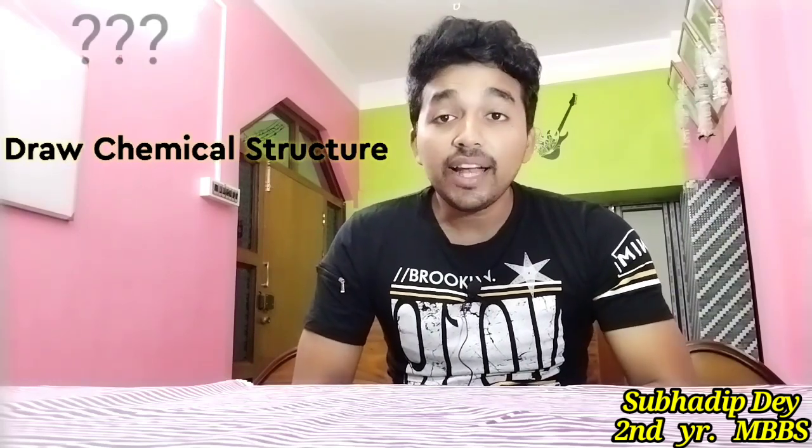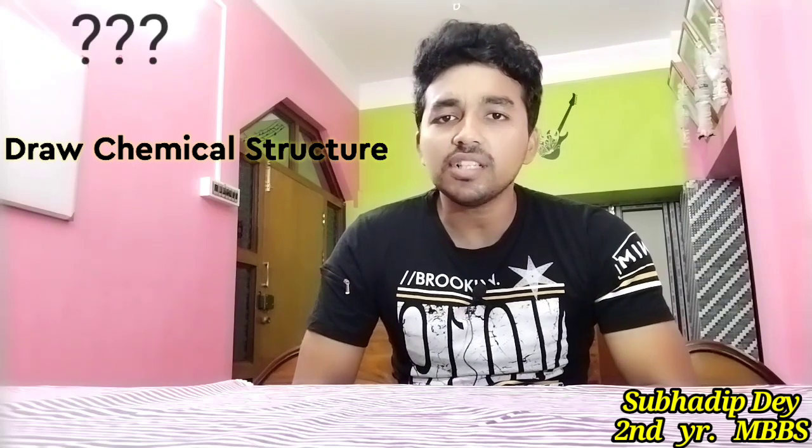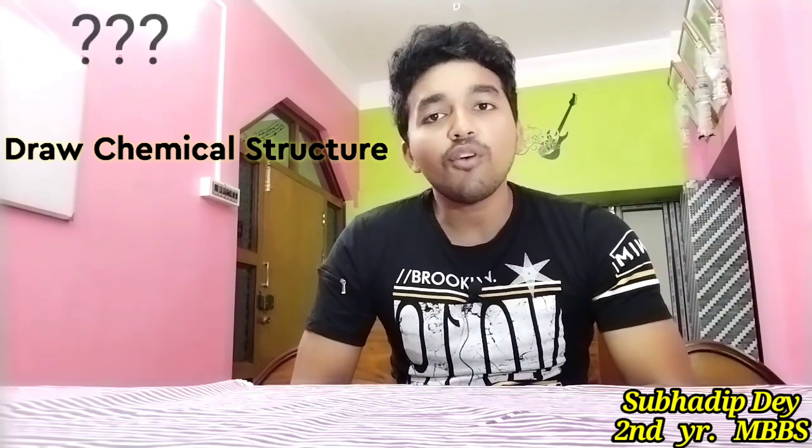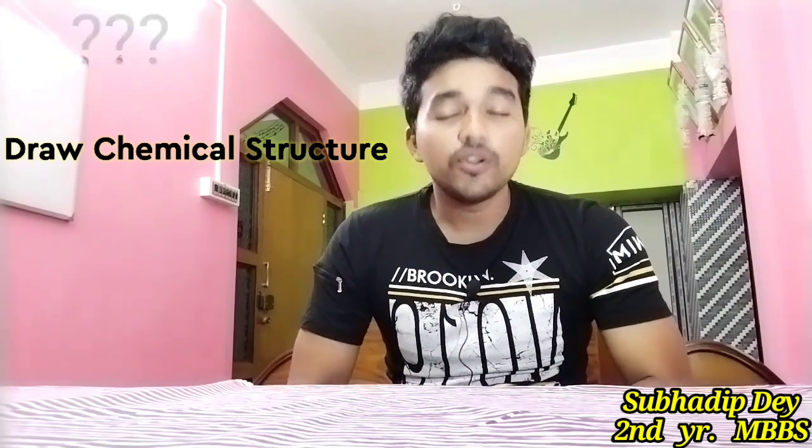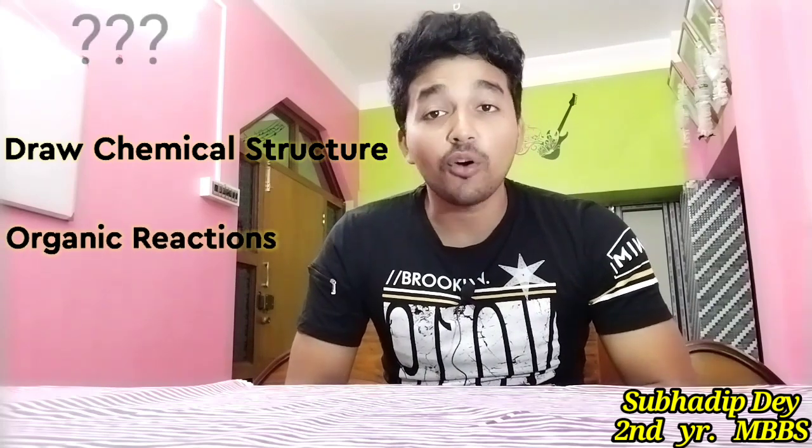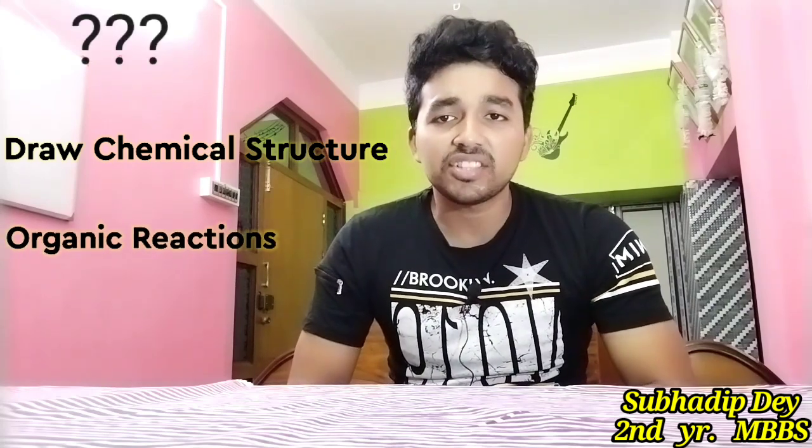तो आज की वीडियो में हम बात करने वाले हैं about one of the most important and basic chapters of physical chemistry, due to which we can draw the different chemical structures just from the chemical formula. The chapter which forms the basis of organic chemistry and reactions.